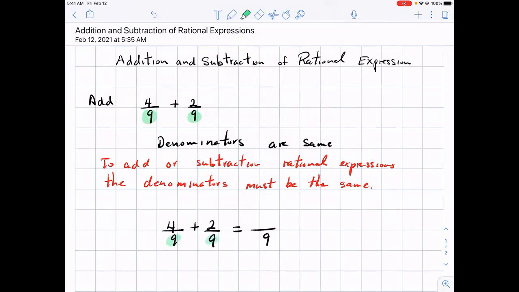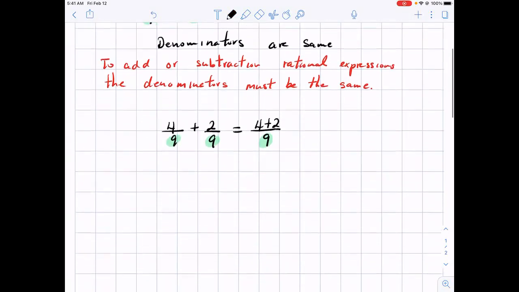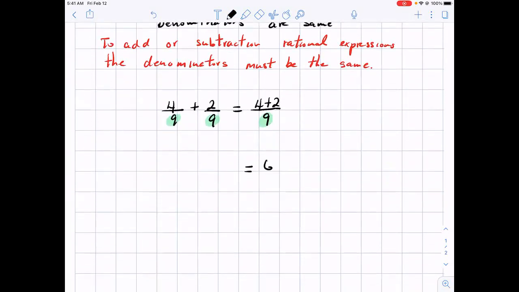So here the denominator is 9, so our denominator will be 9. And what we then do is add the numerator, 4 plus 2. So this becomes 6 over 9. And we always check to see if we can simplify.